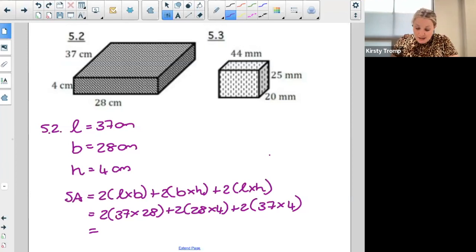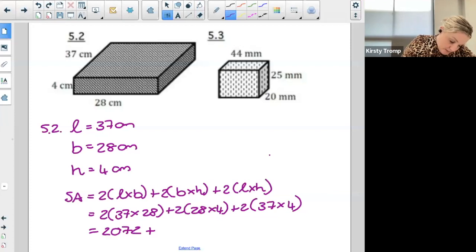All right, let's go have a look. So 37 times 28, and I'm going to help us out here, times by 2 gives me 2072 plus 224 plus 296.